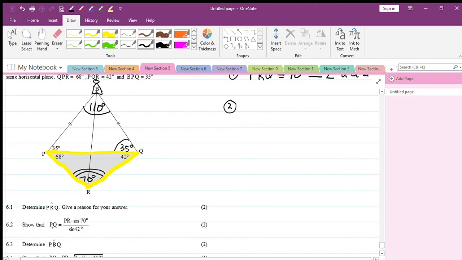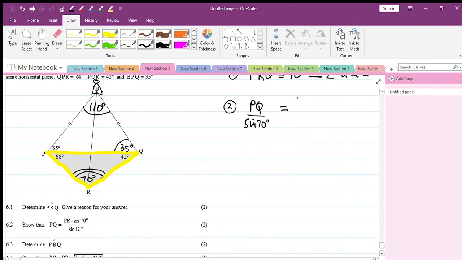We know that we need to solve for PQ, so we'll go PQ over an angle opposite PQ, and opposite PQ is 70 degrees, sine 70. There's PQ there, and there's the angle opposite PQ, equals to, our question has got PR, so we need to write PR now.